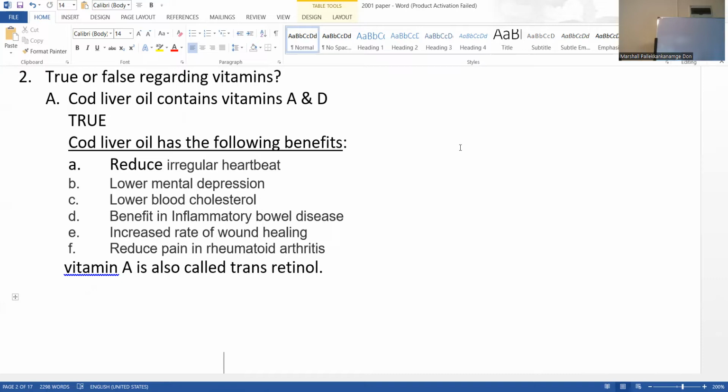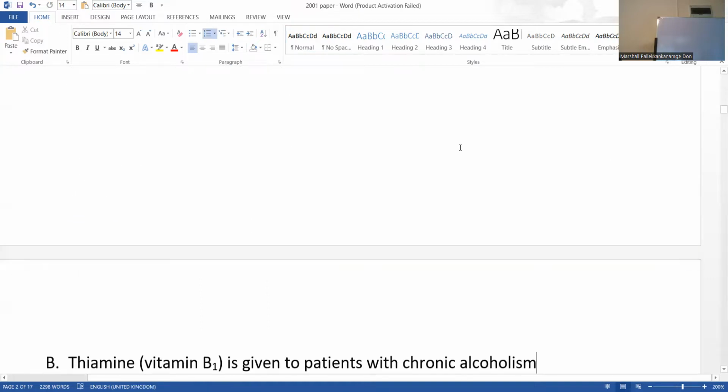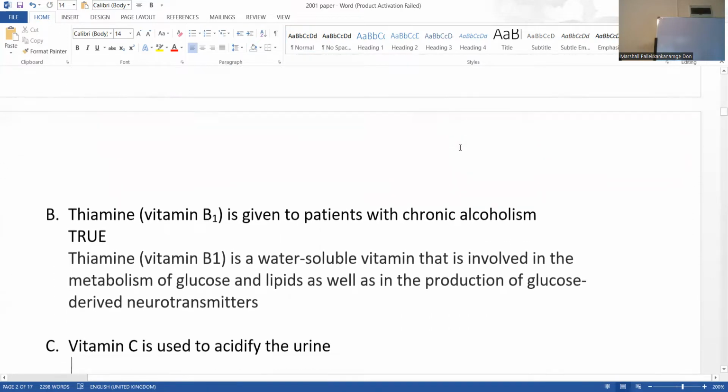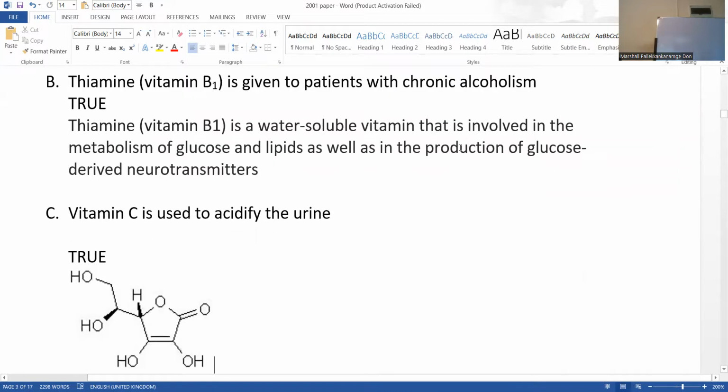Vitamin A is also called transretinol. That is one of the questions in the exam. Thiamine is vitamin B1. Vitamin B complex has several vitamins. So thiamine is vitamin B1.